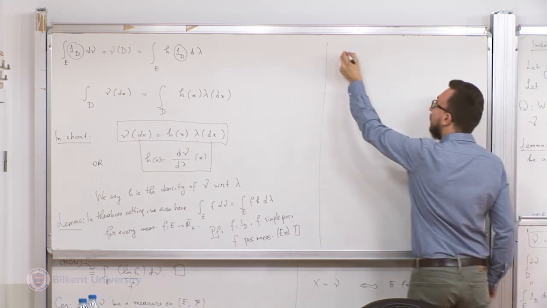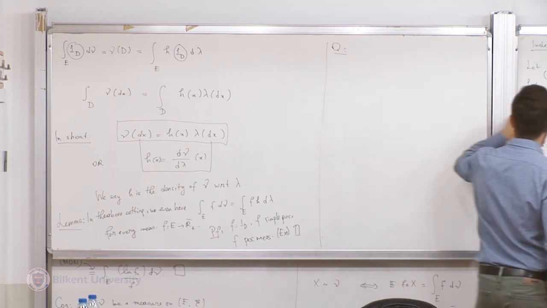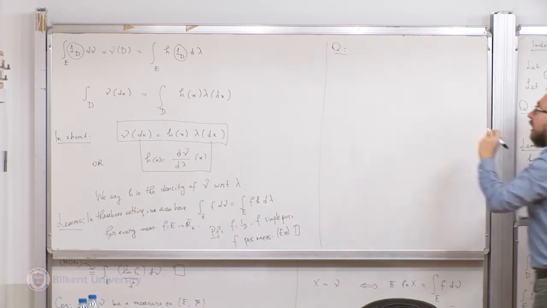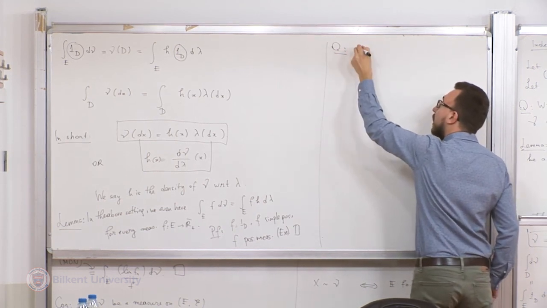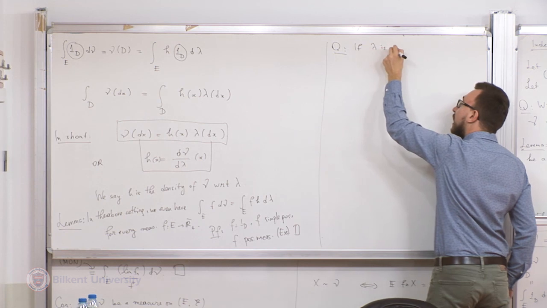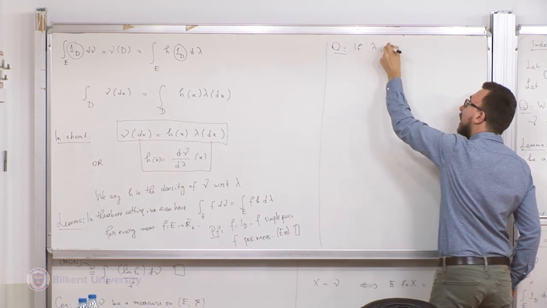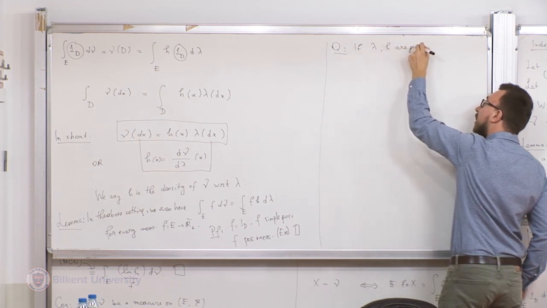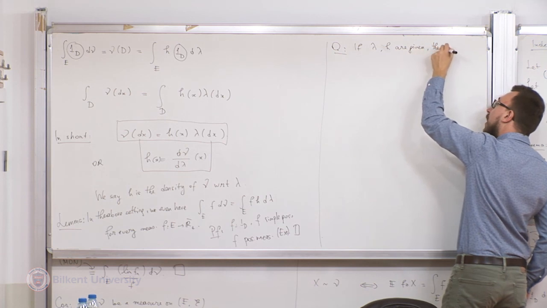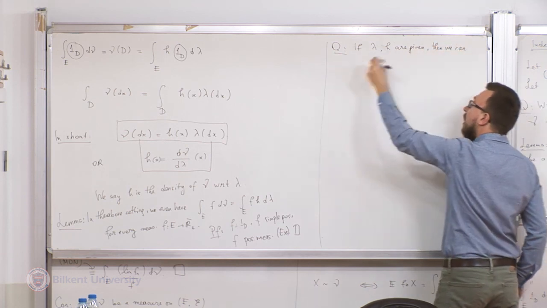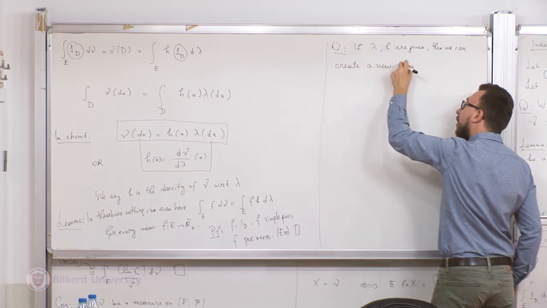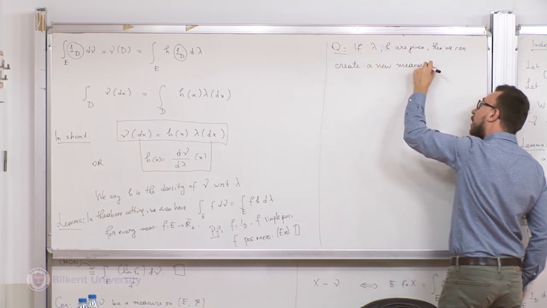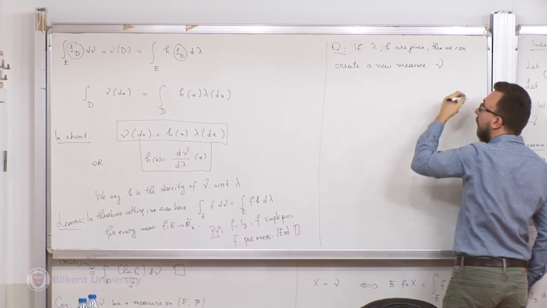So the question is still this. What if, so if lambda and h are given, then we can create a new measure, nu.